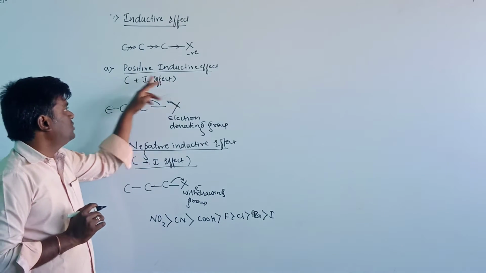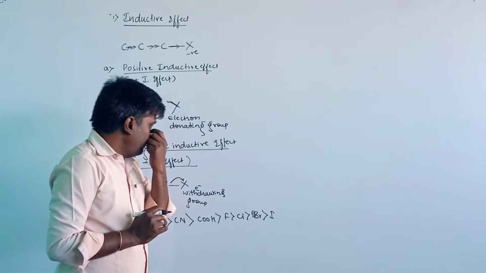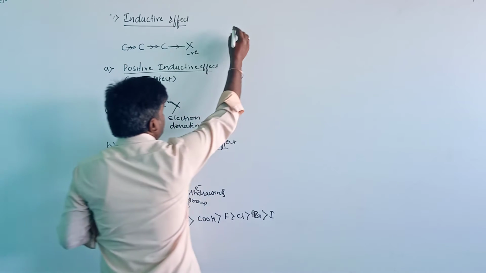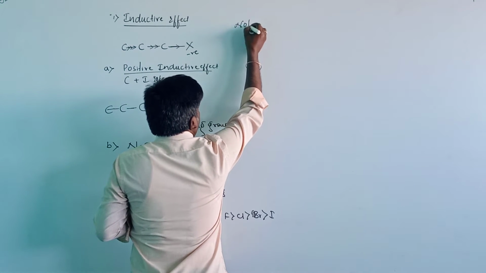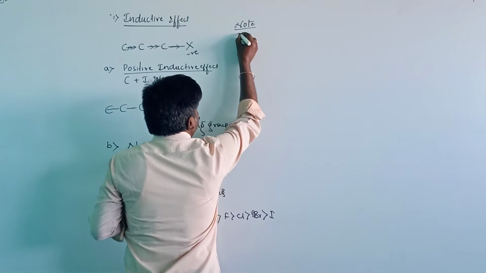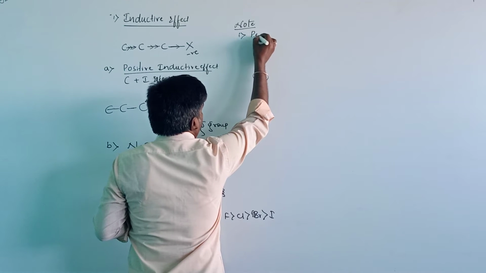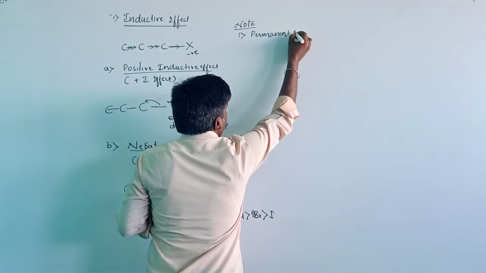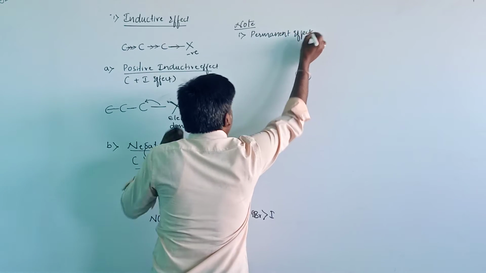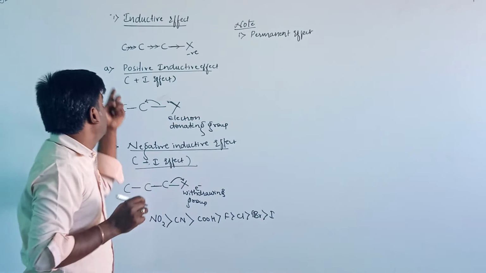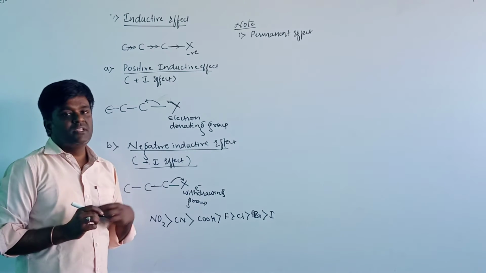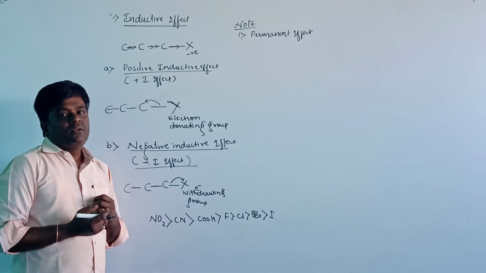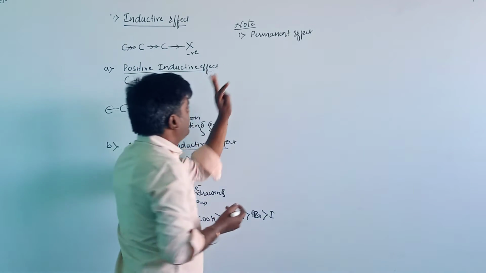Then it is known as the positive inductive effect. Let us take some notes here. The first note: this effect is a permanent effect. The displacement of electrons in the inductive effect is permanent.